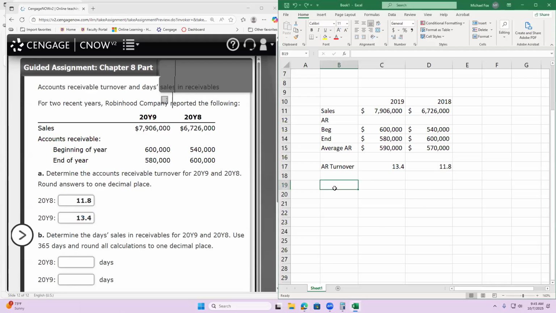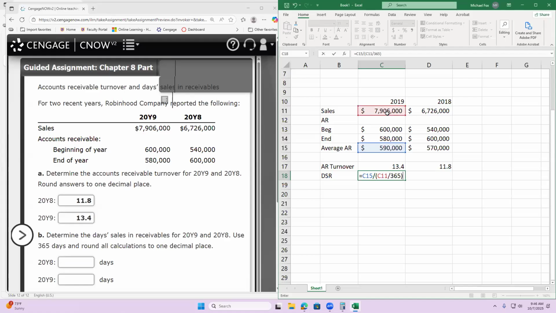So the formula for that was, I just forgot it. Who wrote it down in their notes? What was the formula for days sales in receivables? So that would be our average accounts receivable divided by, and then I'm going to put a parenthesis, sales divided by 365, right?